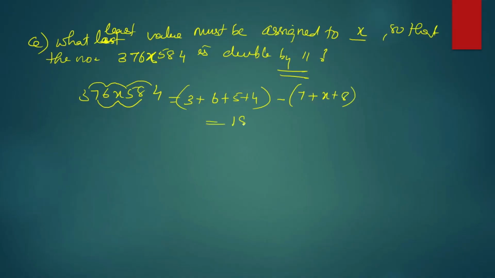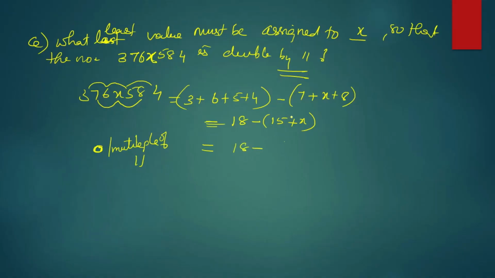So here you get 18 and here you get 15 plus x. Okay, so for divisibility by 11, when subtracting, the result should be 0 or a multiple of 11.